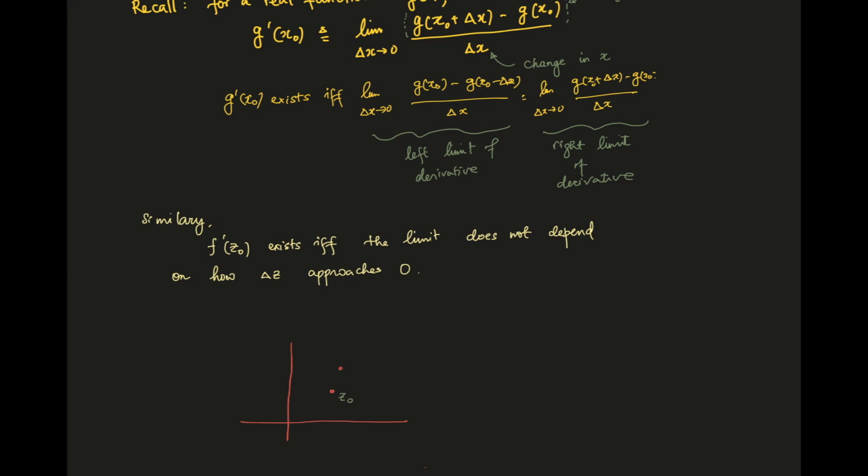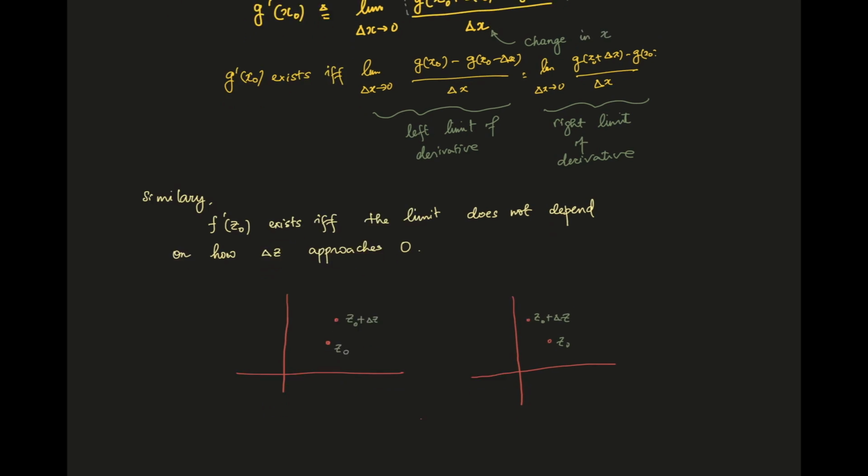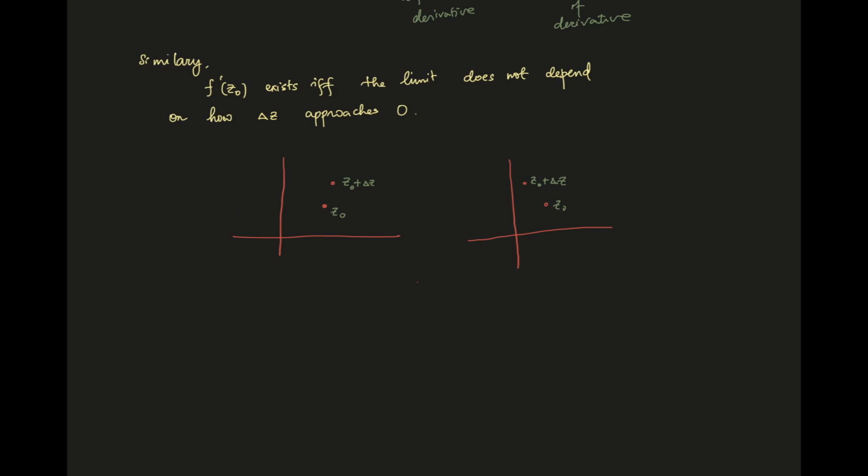Let's say the point is z0, and for a certain value of delta z, z0 plus delta z is situated over here. But for a different value of delta z, z0 plus delta z can be in a different direction. Correspondingly, when we look at f mapped through these two, f of z0 is, let's say, the point over here, then for the first case, f of z0 plus delta z may be located in a different direction.